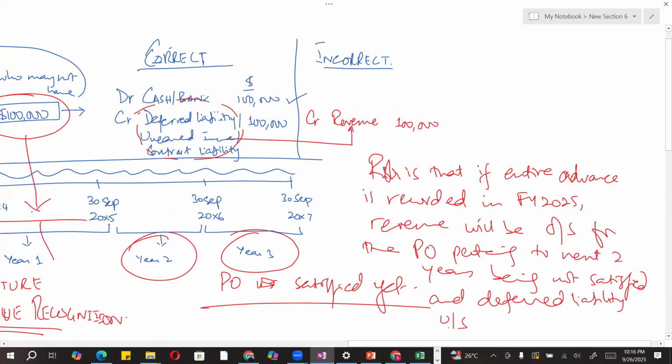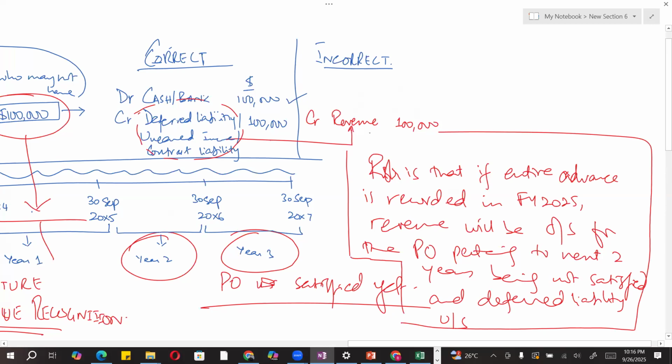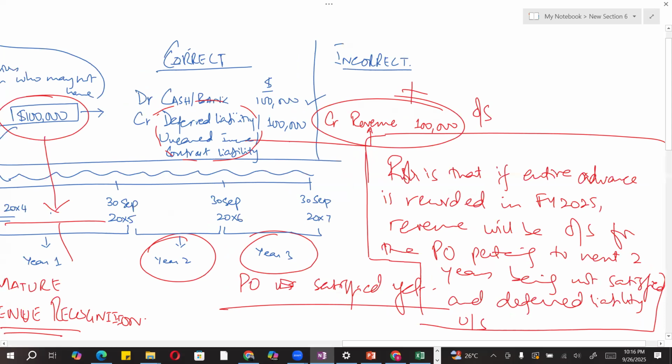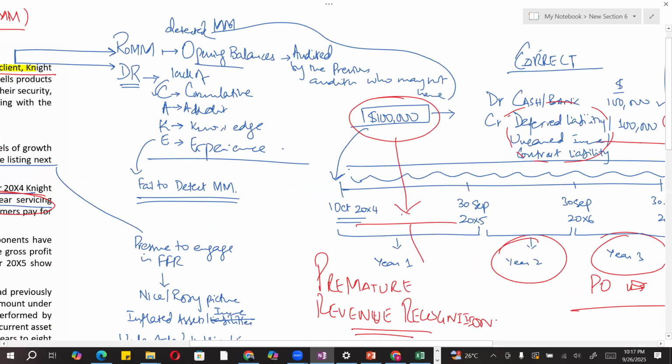You will have omitted the recognition of deferred liability while the revenue will be overstated. This revenue should not have been recorded. So you have to clearly identify the FSLIs, that is the specific financial statement line items that may be over or understated.